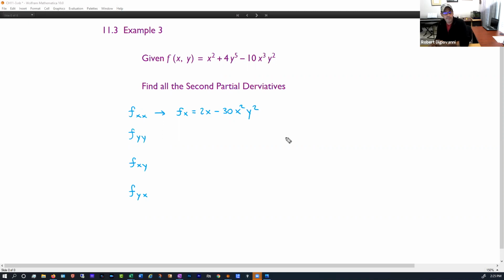Y'all see that? Then I'm going to do the partial with respect to x of that. So I go again. Derivative of 2x is just 2. And then same thing as before, the y squared is just going to come for the ride here. And when it comes for the ride, 2 comes out, so negative 60 x to the first power y squared.